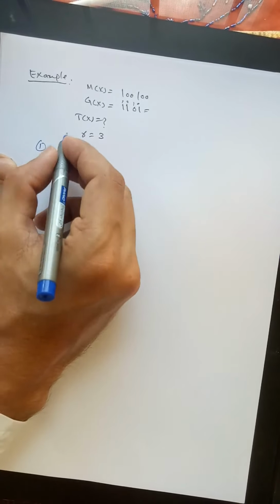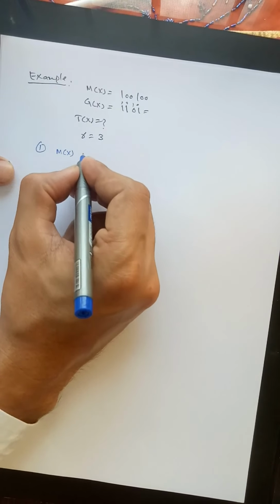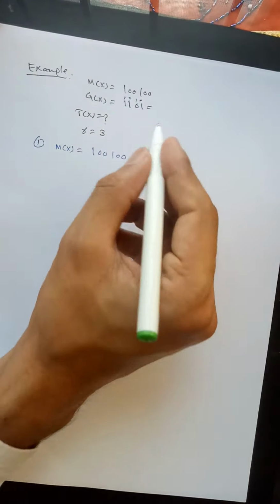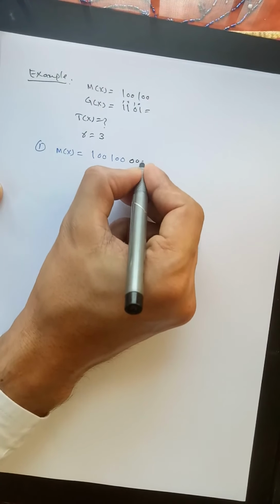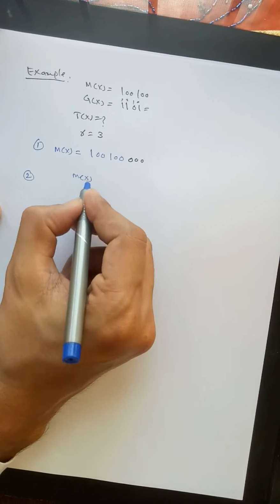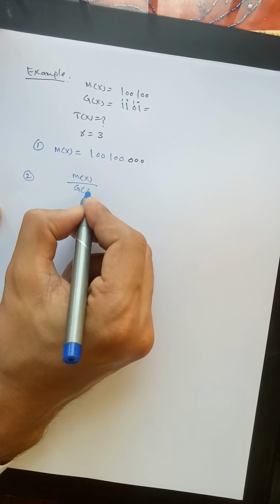So the first step: take M of X, which is 1, 0, 0, 1, 0, 0, and as G of X is degree 3, add 3 zeros here: 1, 2, 3. And then divide M of X by G of X.